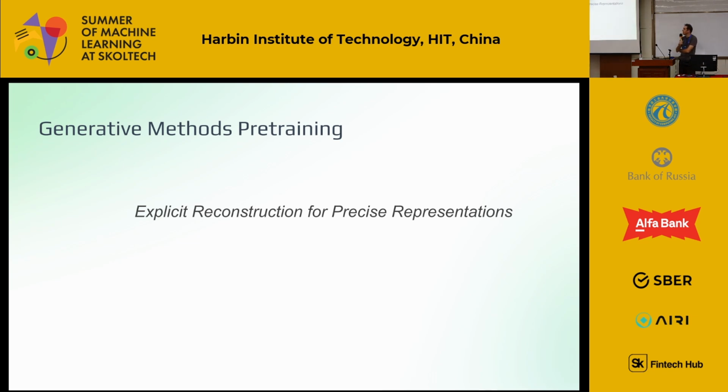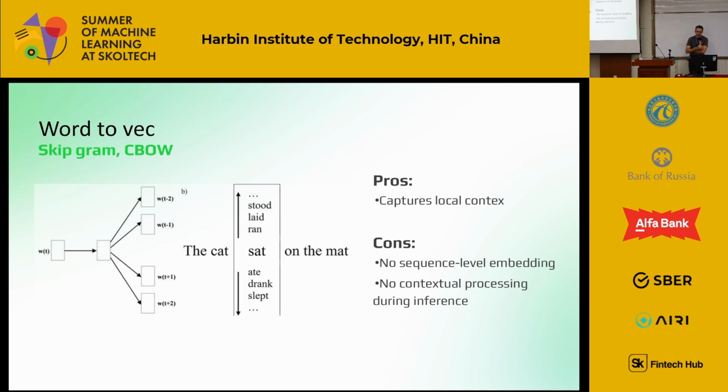There are two different ways to pretrain. The first is generative methods. In this type of method, we try to precisely reconstruct some part of the input data to model its structure. Here are the methods which can be applied to sequential information.